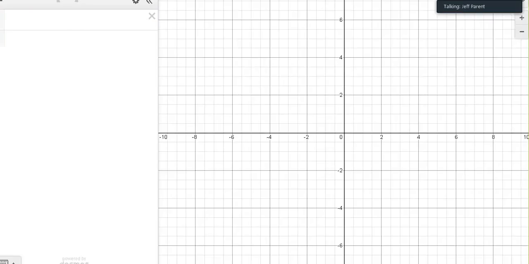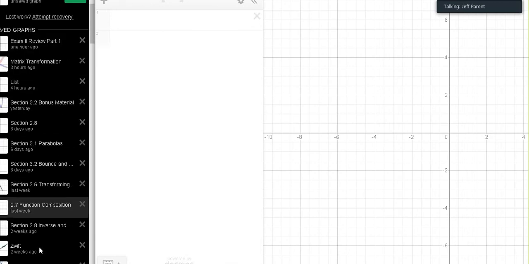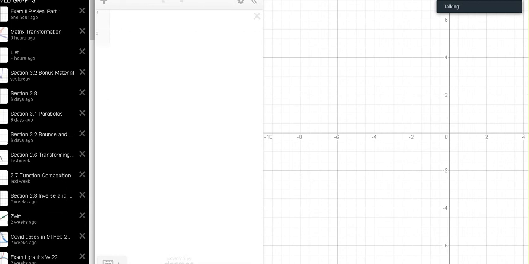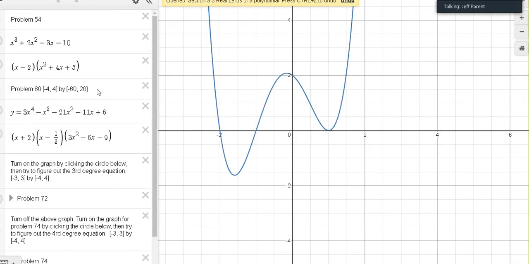Let me see if I've got this one programmed in here. Let's see, search for 3.3. No, that's not the one I want. So let's just put it in here.